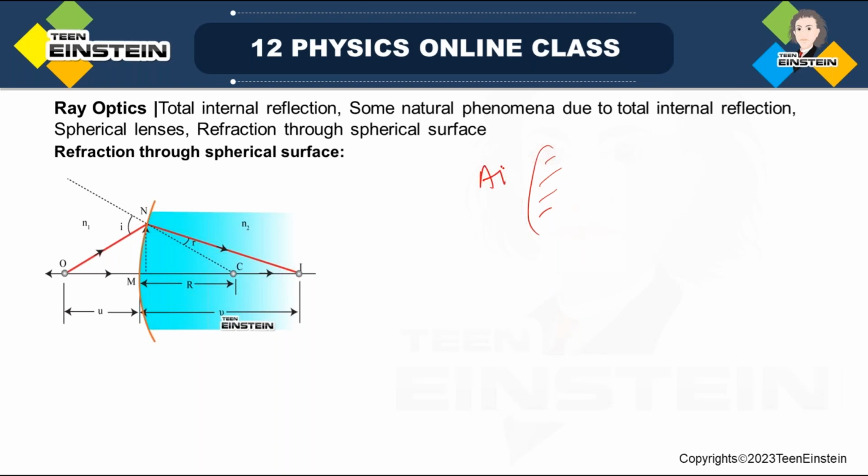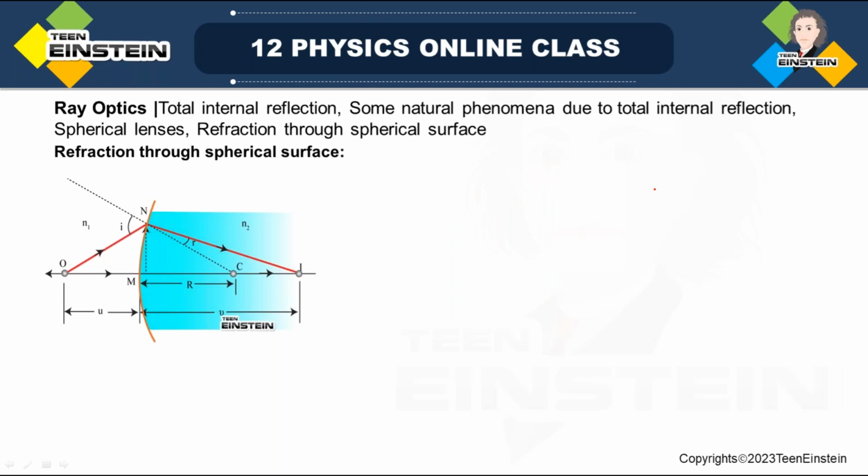This is air. So the object can be here and be seen from here, or the object can be in the air and the refracted ray may be going in the other direction. Depending on that, the nature of the images will be different.